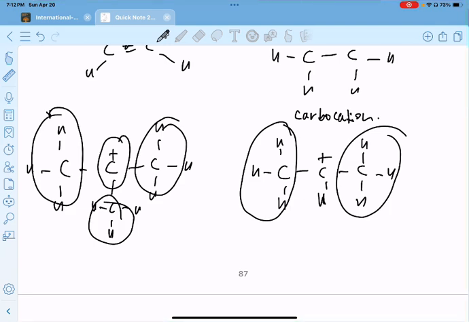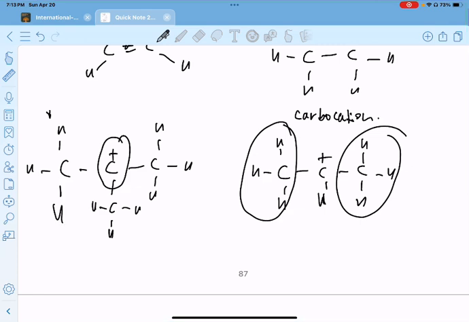Now, in terms of stability, which is the most stable? It is the tertiary carbocation. Why is it the most stable? When you have the three methyl groups, let me draw this in a simpler way. Each methyl group pushes electron density toward the carbon with the cation. This makes it easier to attract electrons, to attract the negative charges, okay?